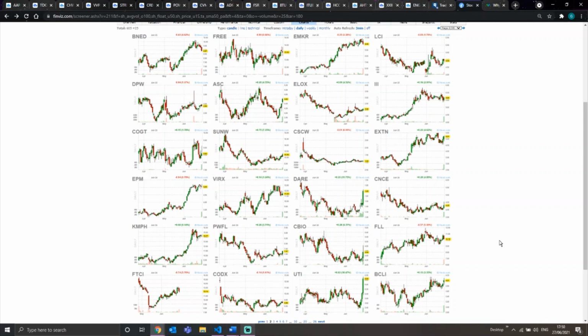Gup, what are you seeing? Yeah, I'm looking at a whole bunch that I would have liked to have seen the inverse head and shoulders before it popped. I like ELOX. I liked EMKR, as I will admit before your explanation. After your explanation it makes perfect sense why it'd be a little bit worrying.